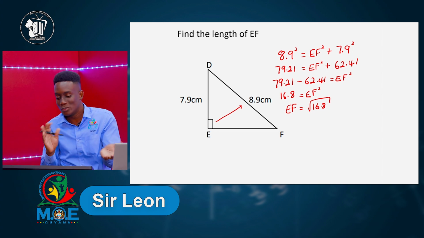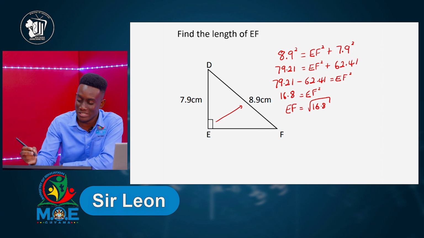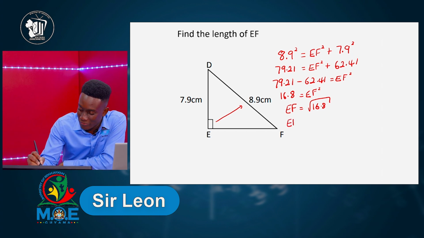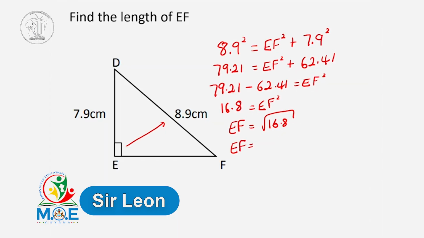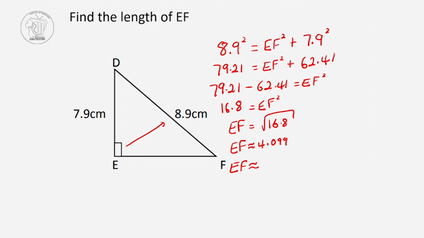As long as the two sides are equal, we can interchange them. So EF is approximately 4.099, which is approximately 4.1. And that would be our value for EF.